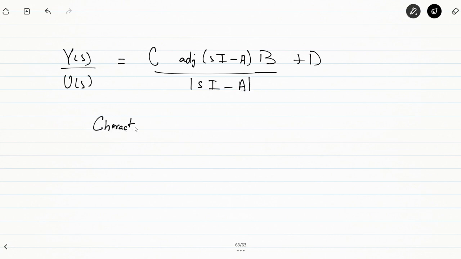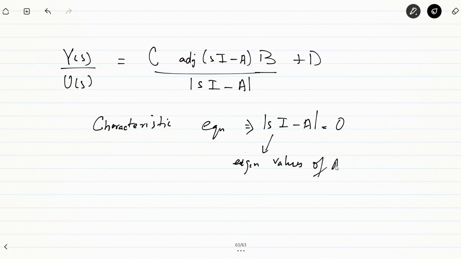So the characteristic equation can be directly found from a state space model by finding the determinant of sI minus A and putting it equal to 0. The roots of the characteristic equation give the poles. So in other words, the eigenvalues of the A matrix are nothing but the poles of the transfer function.